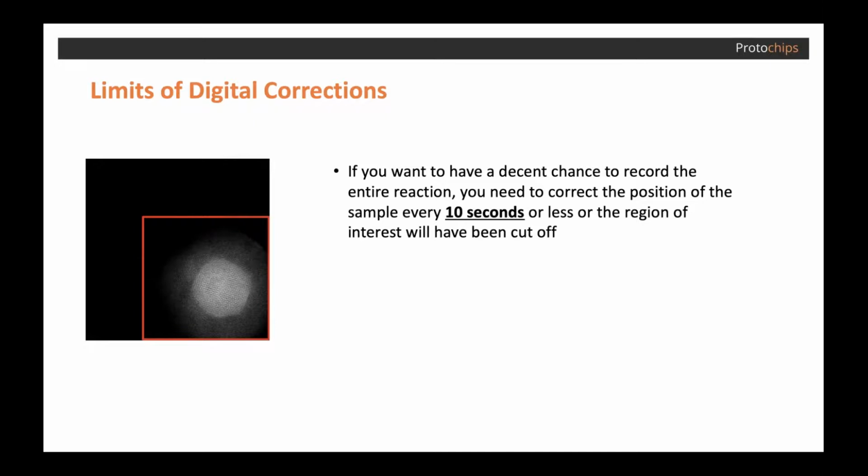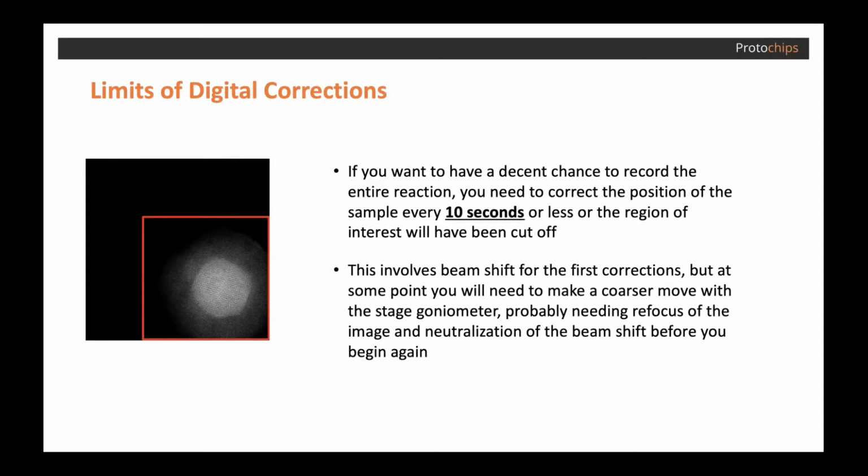You'd have to be incredibly skilled and patient, and you have to make dozens of complex operations every few seconds at inhumanly fast paces in order to try and reproduce our results. Now, these corrections that you'd have to make are a combination of electron optical beam shift and mechanical stage movements at various points throughout the experiment. And this will include also resetting certain conditions and possibly refocusing the image also throughout the experiment.